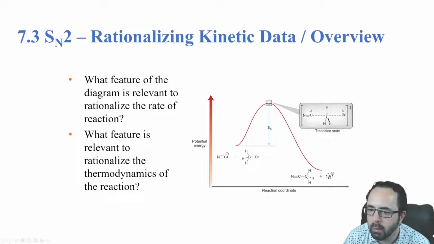The carbon-cyanide bond is partially formed. To get to this transition state, you have to reach the activation energy. The larger and the bulkier the substituents here, the larger the activation energy that you have to achieve, and so the slower the reaction goes. And so that is why methyl halides will react the fastest.